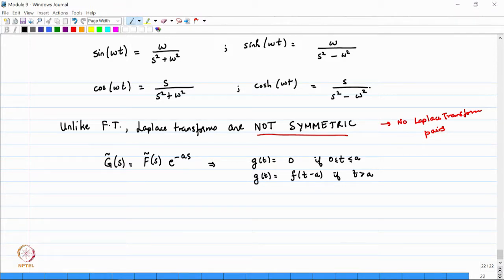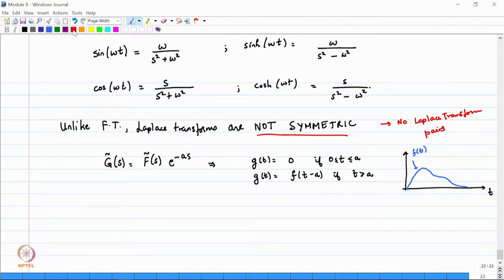Okay. So, how g of t and f of t are related is the following. Suppose you had f of t, let us say this is what f of t is.